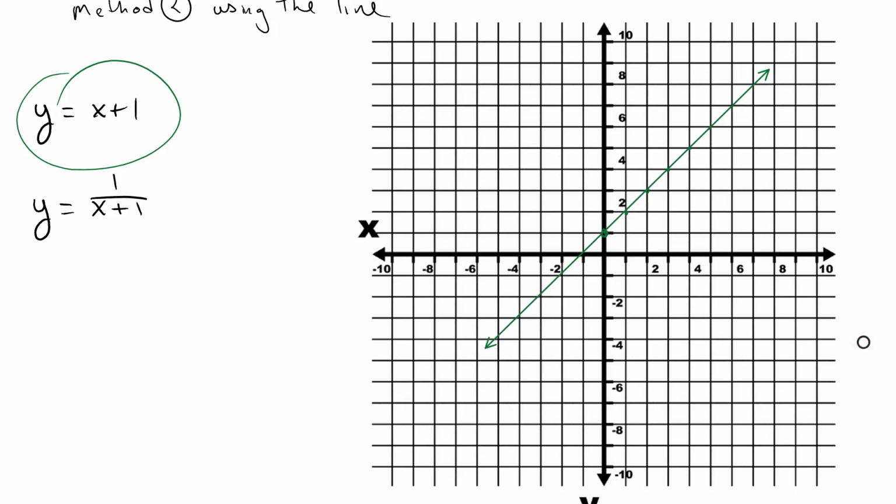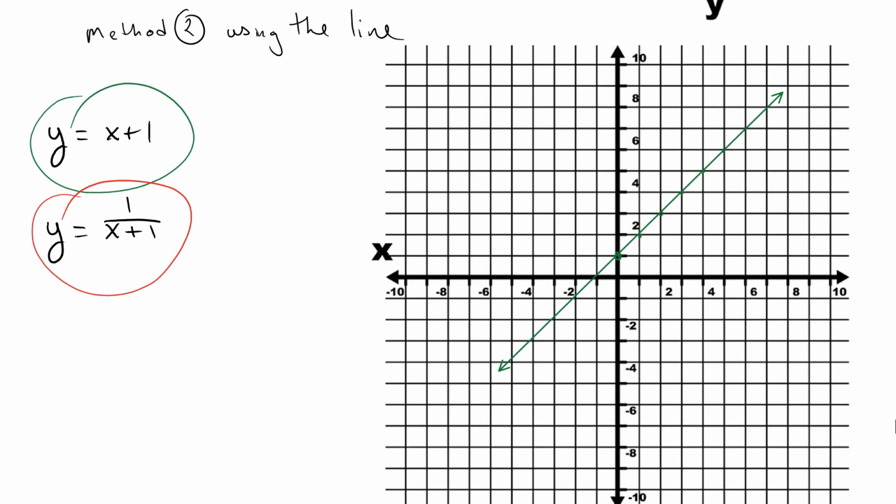But what I want to do is I actually want to graph this guy. So first things first, I need to add my vertical asymptote in. Now the vertical asymptote actually happens when the y is 0. What do I mean? If I said that at x equals negative 1, that would mean that y for this guy would equal 0.